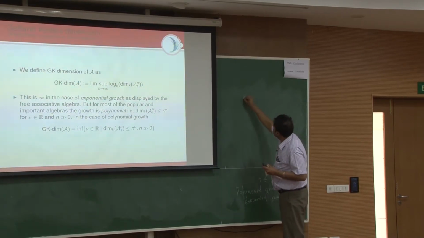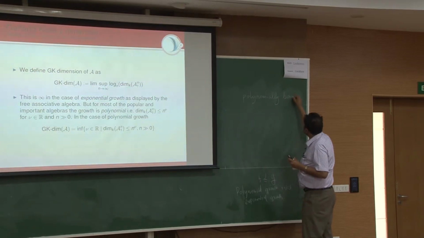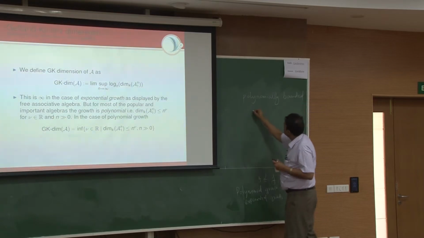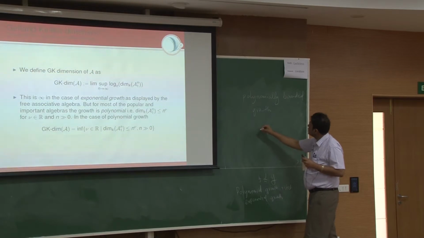So there are two concepts here: polynomially bounded growth and polynomial growth.